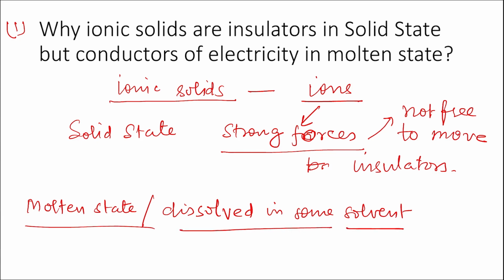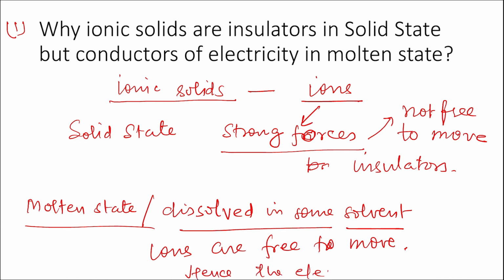The forces between the ions are not so strong, and the ions are free to move, and hence the electricity passes through the ionic solid in molten state, as the ions are free to move in molten state.